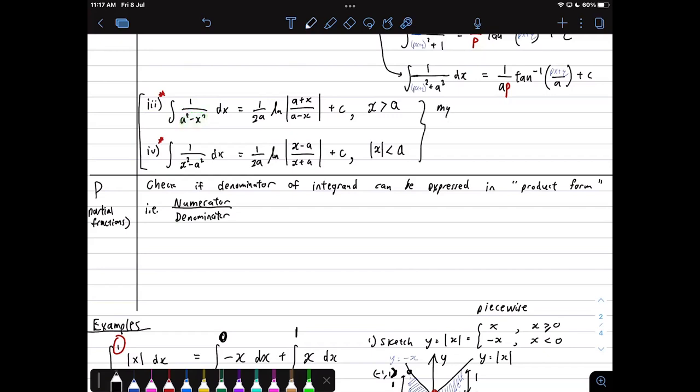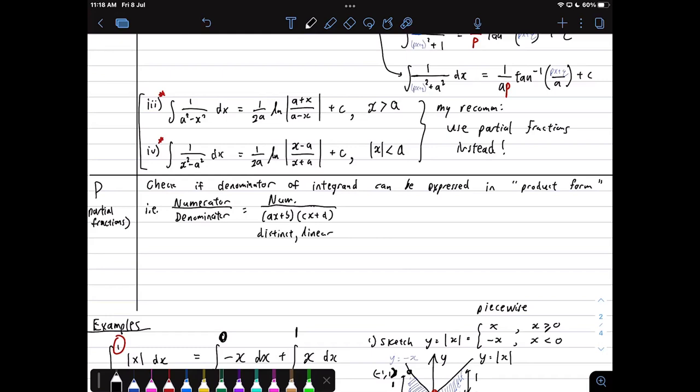I also didn't give you the px plus q form because I don't like this. My recommendation is use partial fractions instead. It's also quite fast. So this will be equal to a numerator divided by ax plus b multiplied by cx plus d. Those are what we call distinct linear factors.